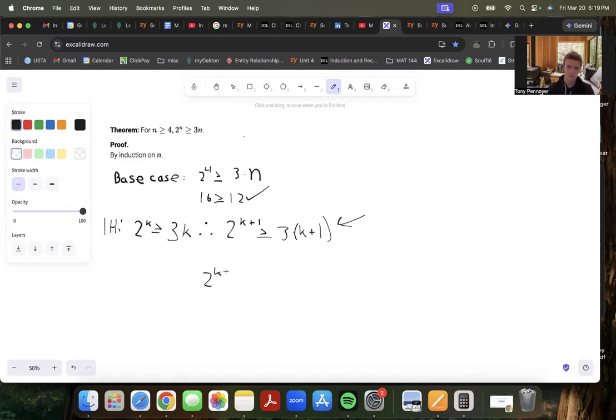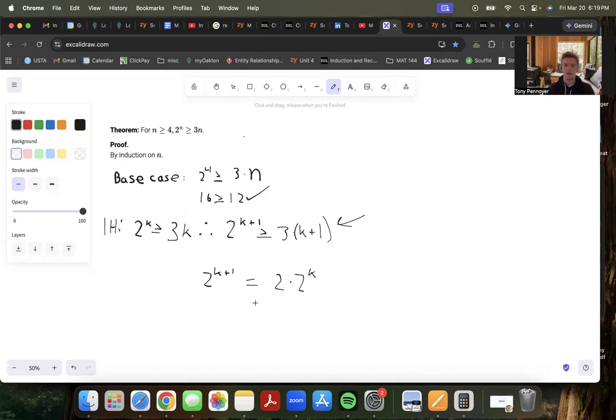We're ultimately trying to do an algebraic breaking down of this so that it equals that. So 2 to the k plus 1 power, we can also express as 2 times 2 to the k power. That's just simple algebra.